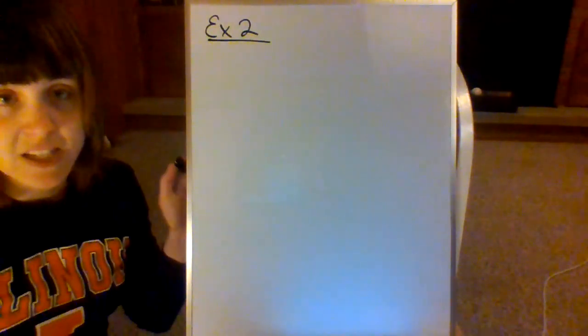I'm going to take this off camera for a second to draw the triangle, and then I'll bring it back. On example 2, we're going to find the measure of angle C, and it's going to look like this.